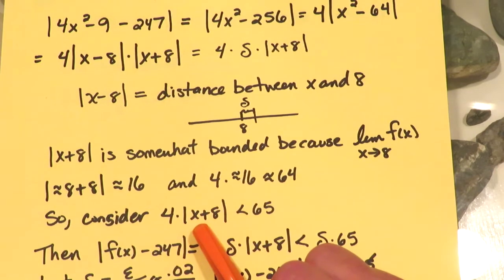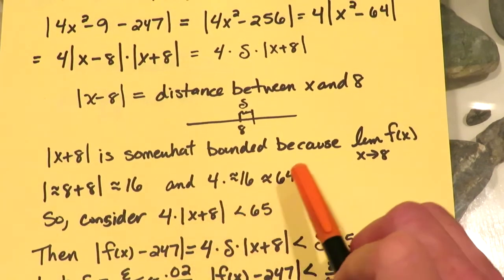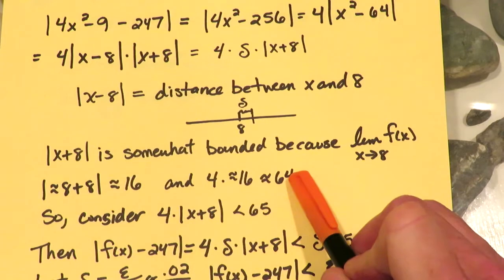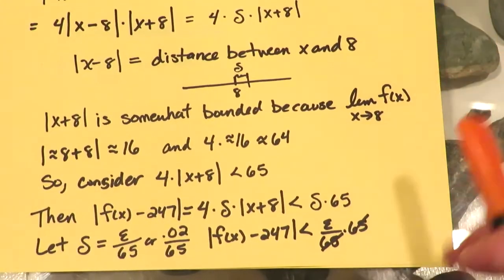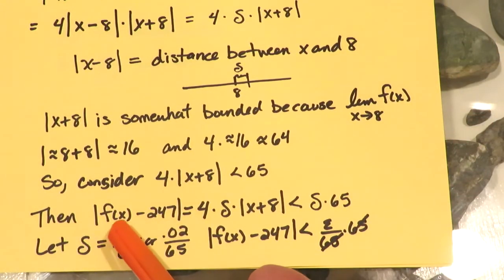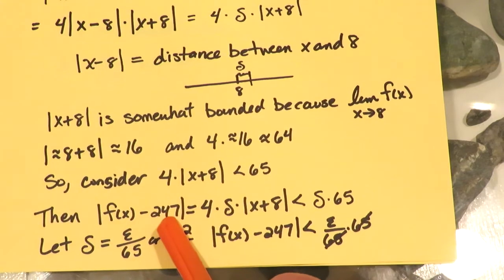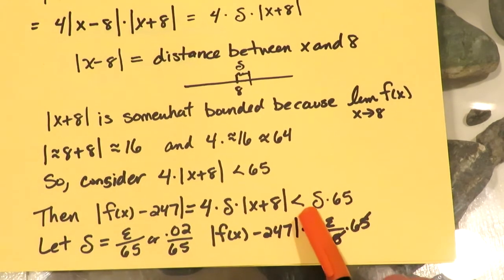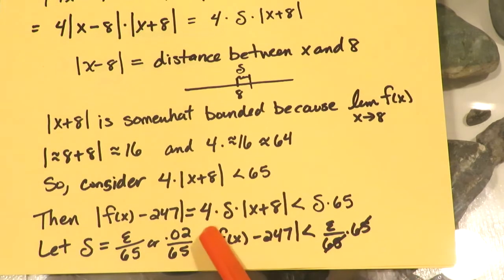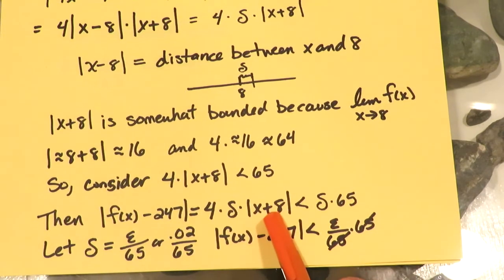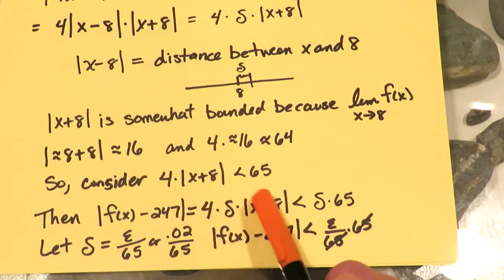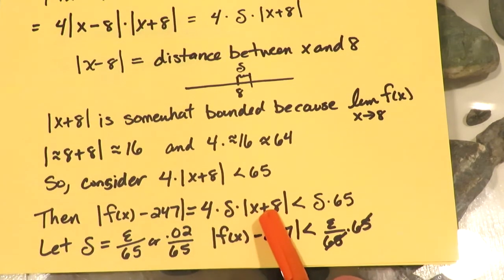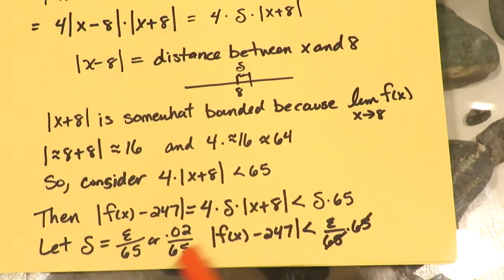And as you crowd in towards 8, the closer it's going to be to 64. So on that note, the difference between the function and my limit should be less than delta times 65, because we know 4 times the absolute value of x plus 8 is going to be less than 65 by the time we get really close to 8.